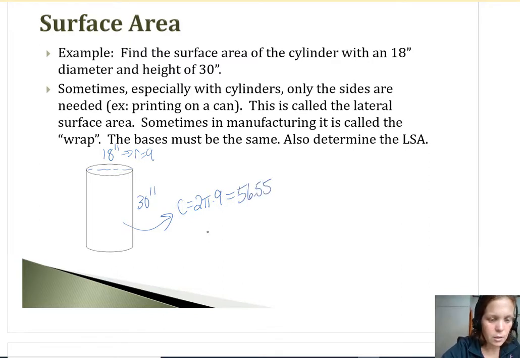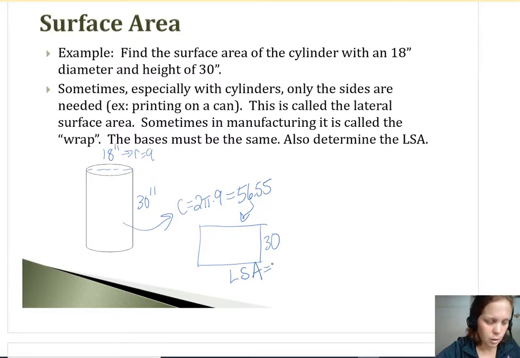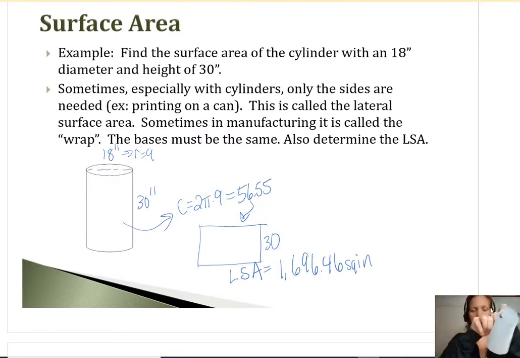If I take that, that's the top of this rectangle if I flattened it, times 30. So the lateral surface area, I'm going to do LSA, or the wrap, is 1,696.46 square inches. That would be just the outside. That's called the lateral surface area.